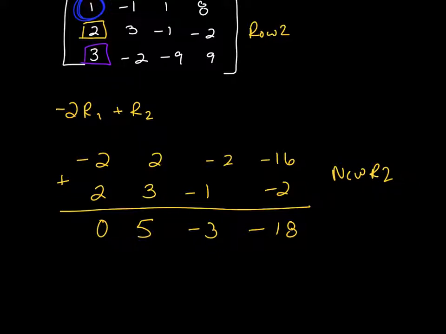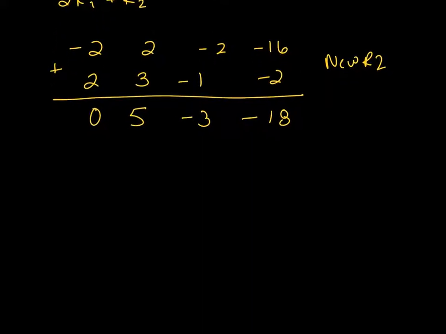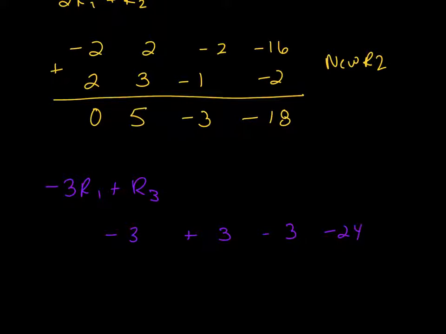Now, the next step is to replace that 3 with a 0, the one that I have in purple. And the way that I'm going to go ahead and do that is -3 times row 1 plus row 3. If I multiply -3 times row 1, I get -3, plus 3, minus 3, minus 24.